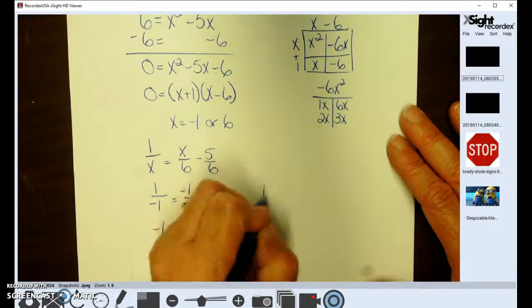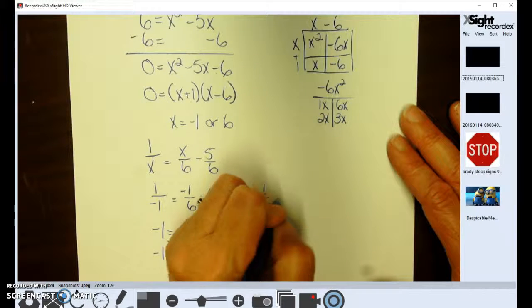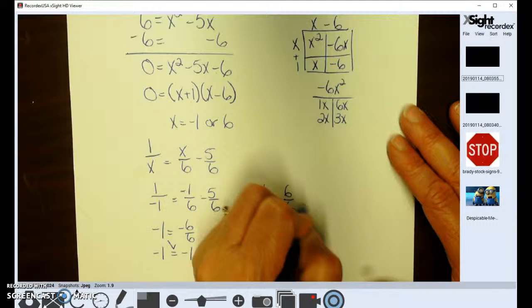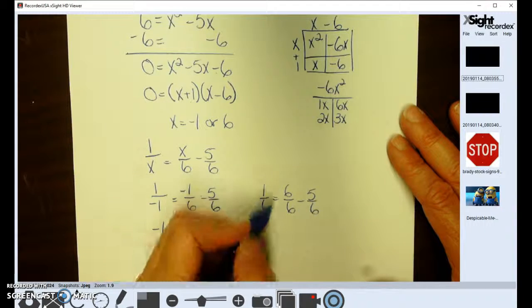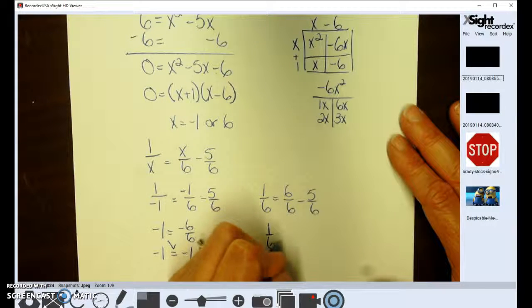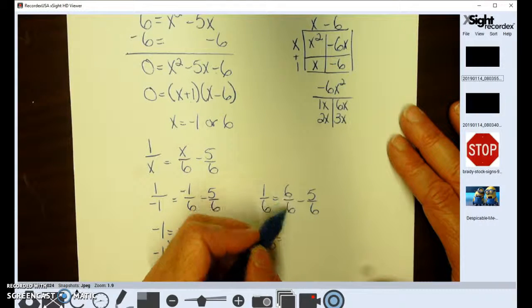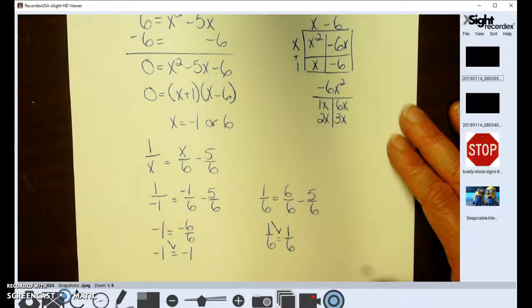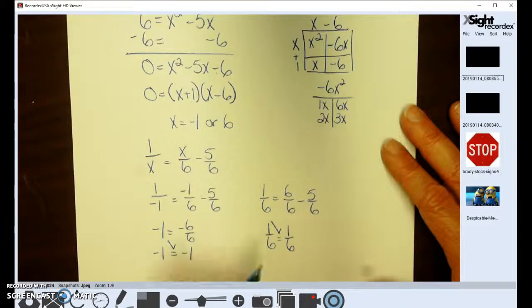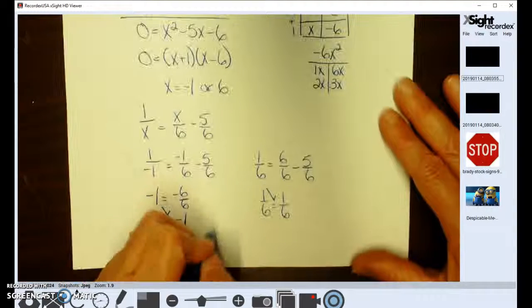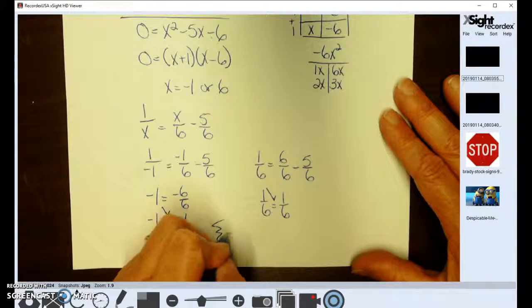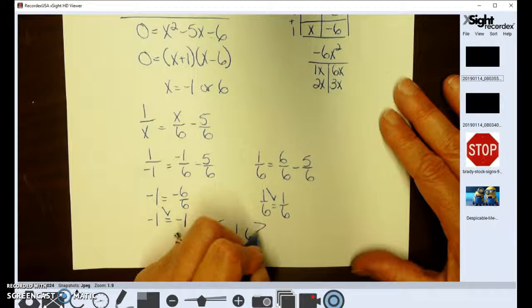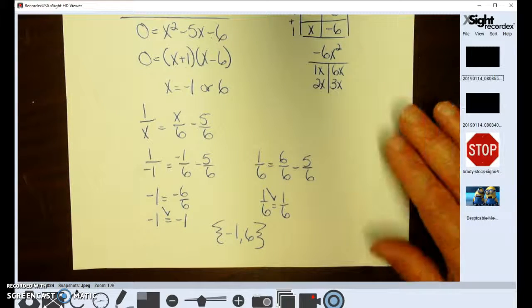So that will give me 1 over 6 equals 6 over 6 minus 5 over 6. Well, that's 1/6. 6/6 minus 5/6 is also 1/6. So that works as well. So both of my answers work. So my solution is negative 1 and 6. And that problem's done.